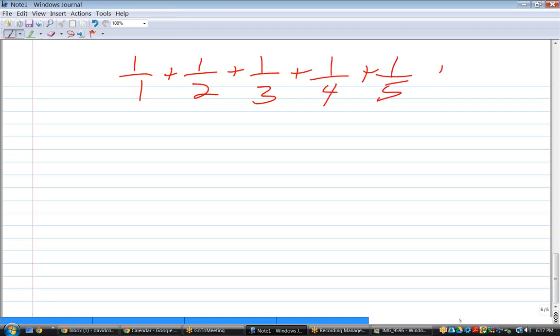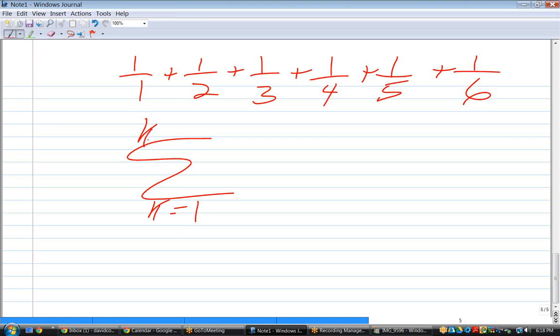I'm pretty sure I can do this in my head. I would think it would be sigma k equals 1 to 6 of 1 over k. That's correct.